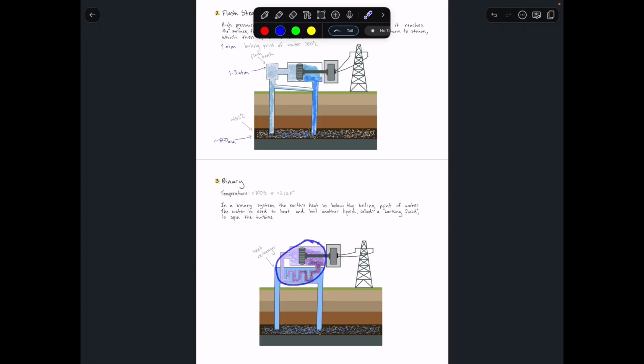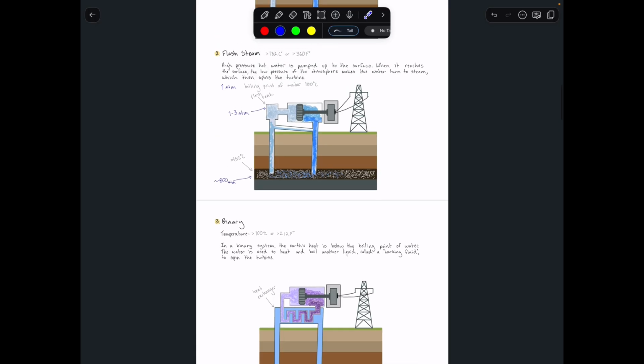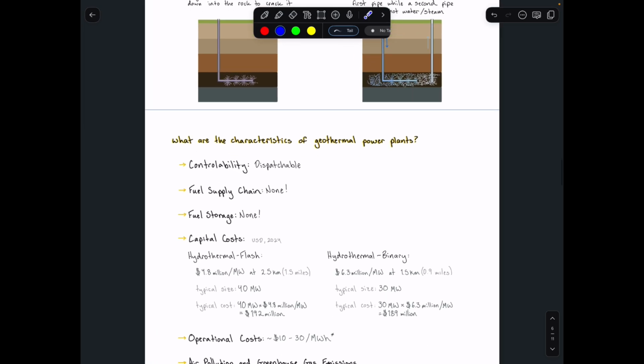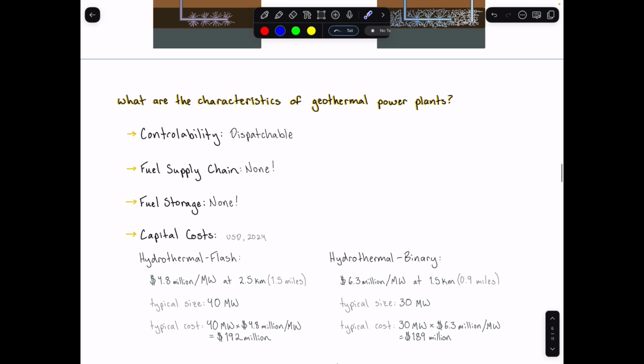There is this whole separate loop with a secondary fluid in a binary system, whereas in a flash steam system, there is this flash tank, but the working fluid here is just the same water that's being pumped in a circle. So that's why binary is a decent amount more expensive. The typical size of a hydrothermal binary plant is about 30 megawatts, so the typical cost to build out one of these plants is about $189 million.